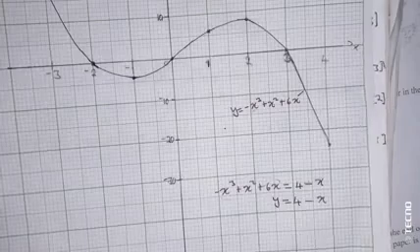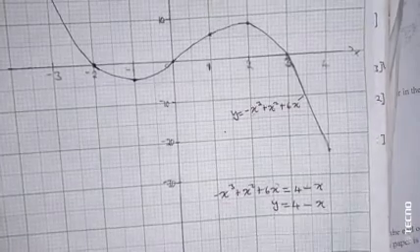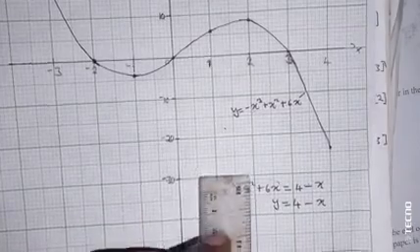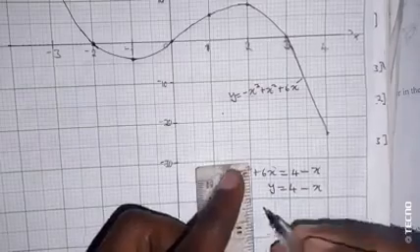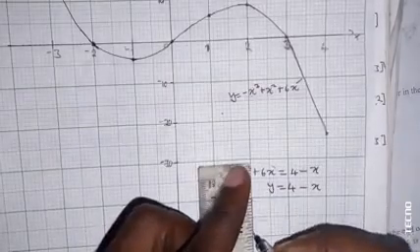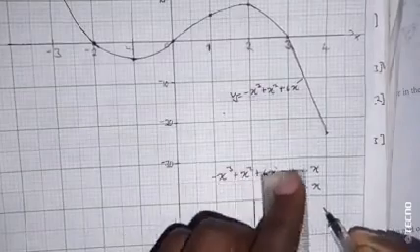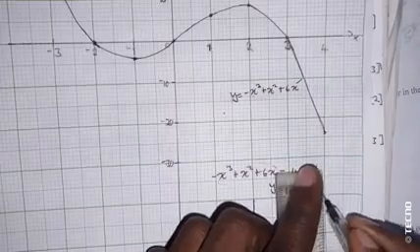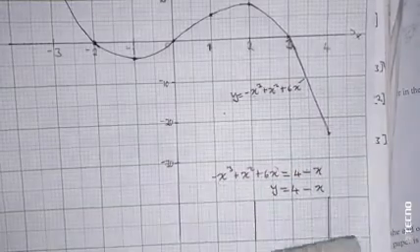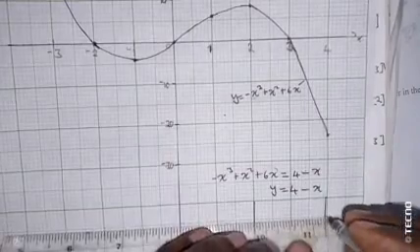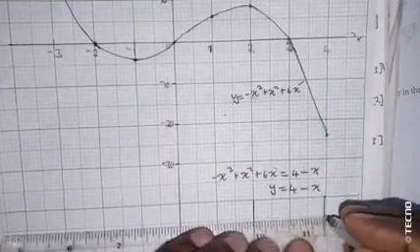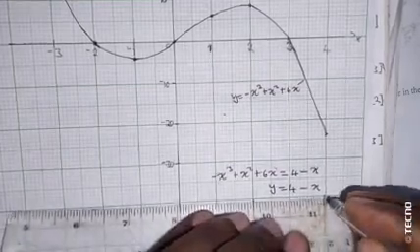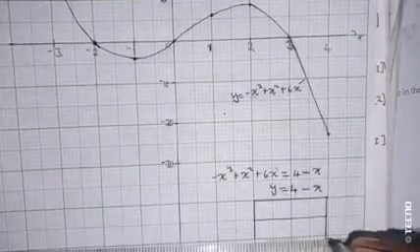So having this, you can draw a table of values. Let's draw a table of values here, and this table of values is also part of your solution. You can put it on your graph paper so that even those who are marking are able to see that these are the values that you've used.